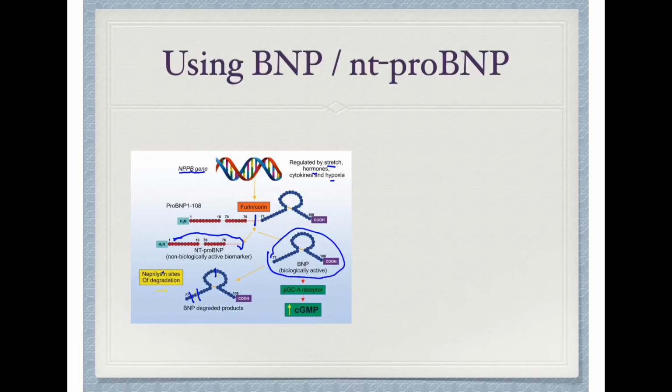Although we tend to depend very highly on BNP to either make or rule out the diagnosis of heart failure, it's very important to recognize that there are many causes of BNP elevation that are unrelated to heart failure.